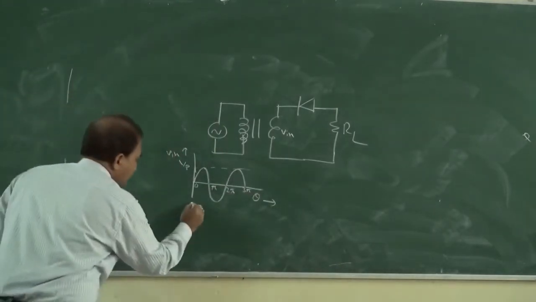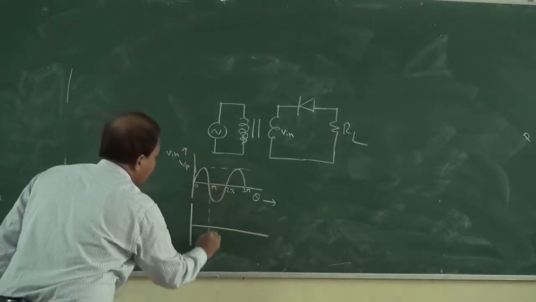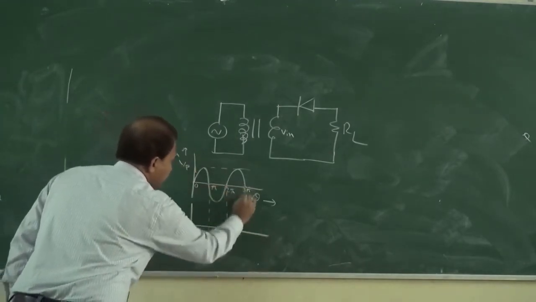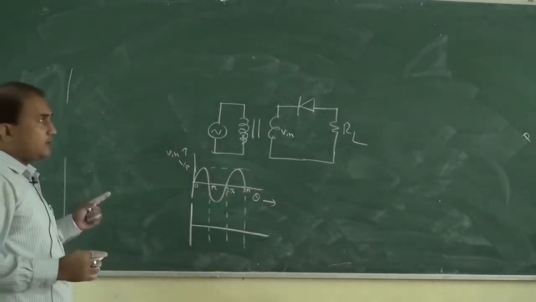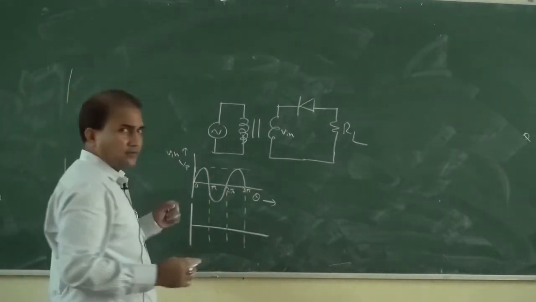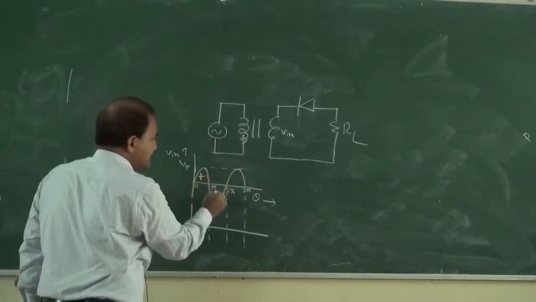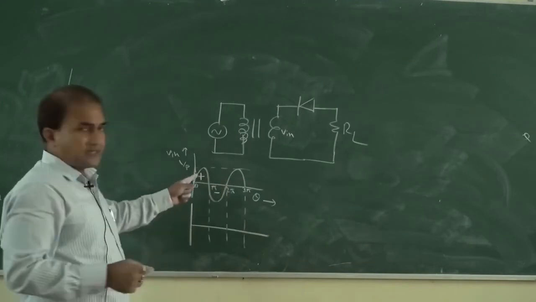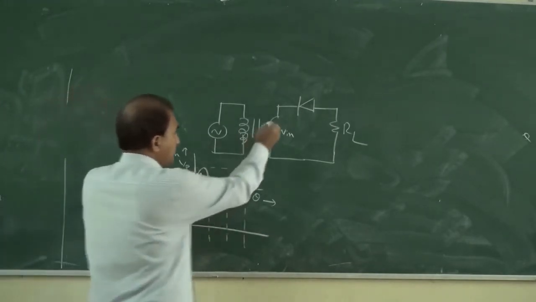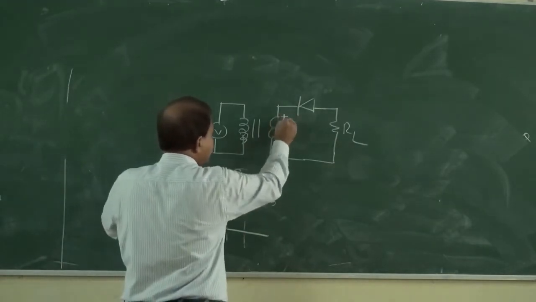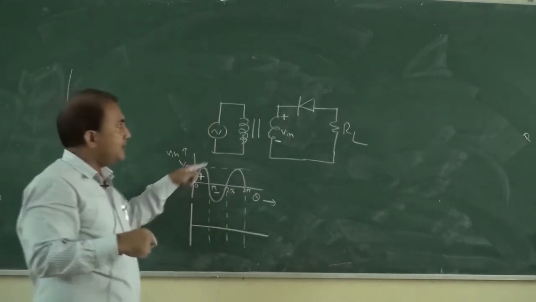Now for this type of circuit, what will be the output with respect to theta? See, this is the positive half cycle and this is the negative half cycle. During the positive half cycle, it will be plus here and minus here, just like the earlier case.